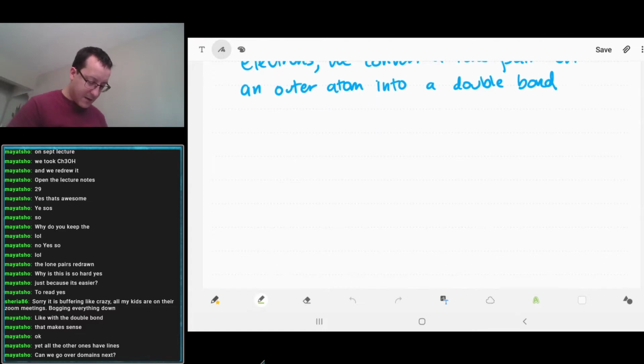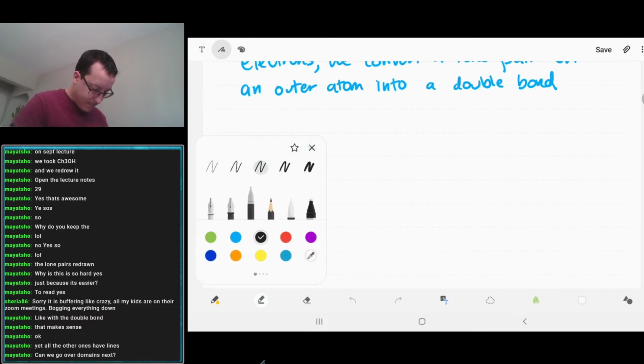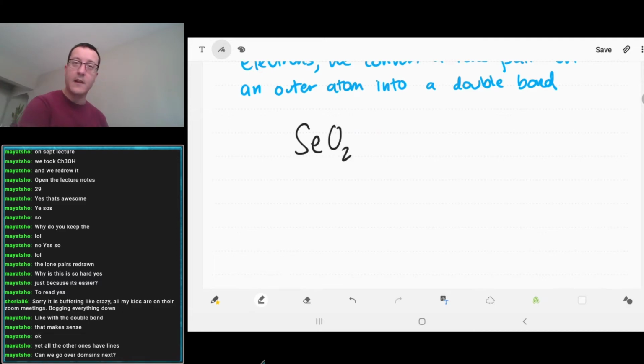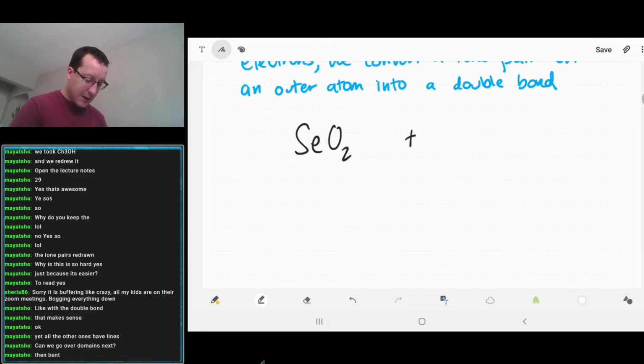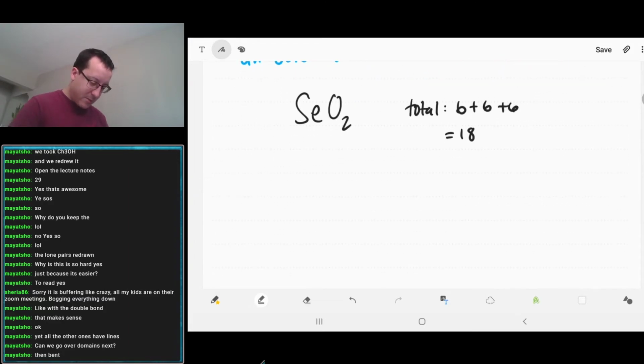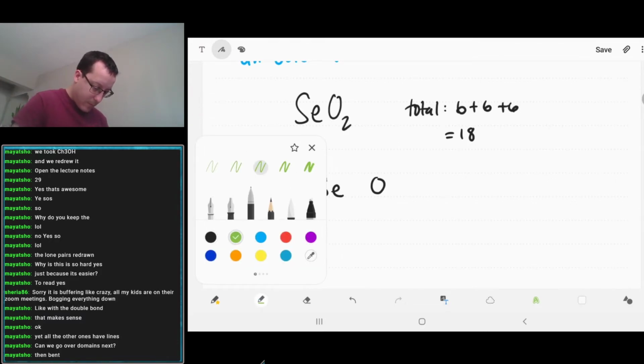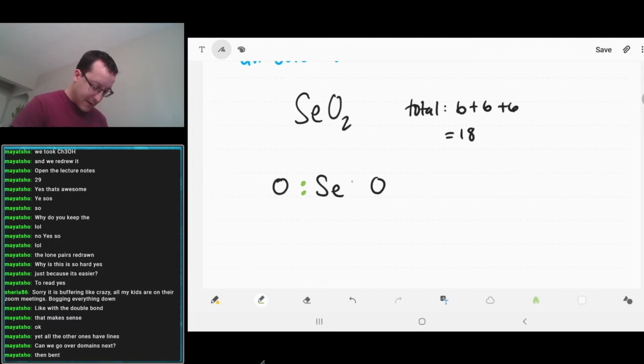Okay, so we had selenium. We're going to color code this, and that's going to make stuff clearer. I'm going to color code this one first, and then we're going to see where those electrons are. So the total electrons was 6 plus 6 plus 6, which is 18. Remember, for our skeleton, we always put in one pair of electrons to each one, right?